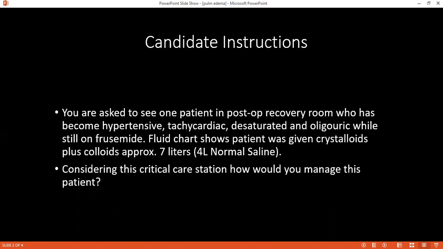Also I would like to insert a CV line for continuous monitoring of the central venous pressure changes. It's continuous monitoring of vitals with half-hourly to hourly charting of the output.